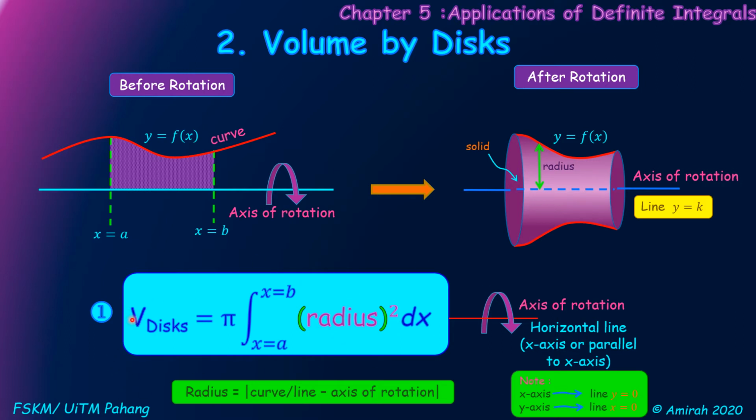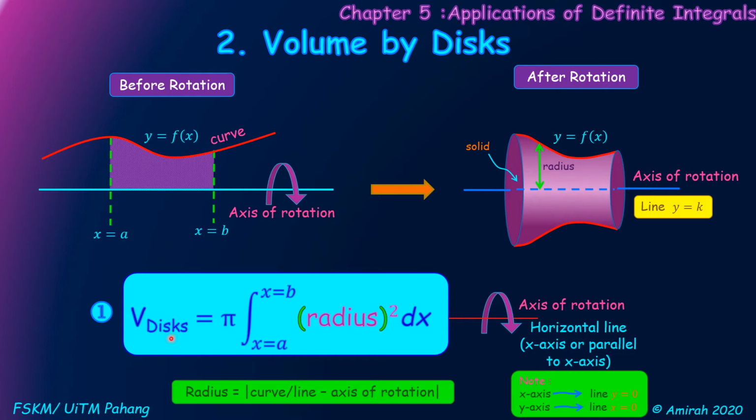So this is the formula for volume by disc. Volume equals integration of area. If there is no integration sign here, we will get pi radius squared, and pi radius squared is the area of a circle. Why do we integrate the area of a circle? Because when we slice this object, we slice one by one, and the cross section of one slice actually is a circle.